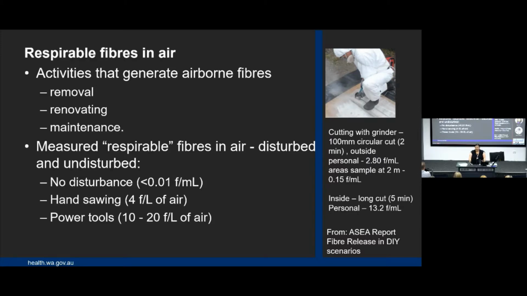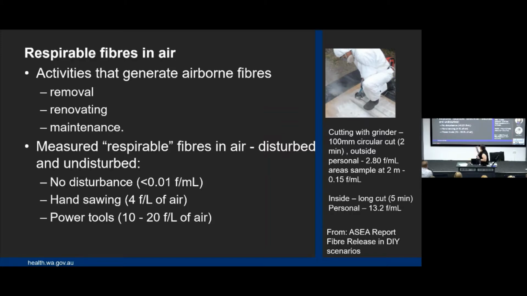If you're doing something like hand sawing, you can get up to 4 fibres per mil. So this just tells you the relative risk difference from exposure to air between something in soil that's bonded, even potentially damaged by fire, and hand sawing, which produces quite a lot of respirable sized fibres and dust. Power tools, you can get 10 to 20.